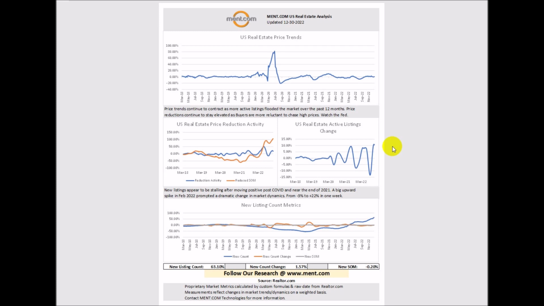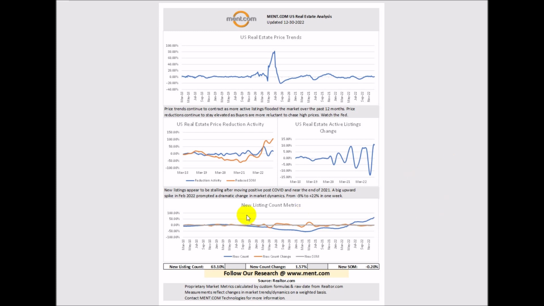You're just not seeing the same sales volume because buyers aren't around to be scooping up homes that are still relatively high priced with higher interest rates. It does happen, but it's just not at the same frequency that we saw back in 2021 and earlier.